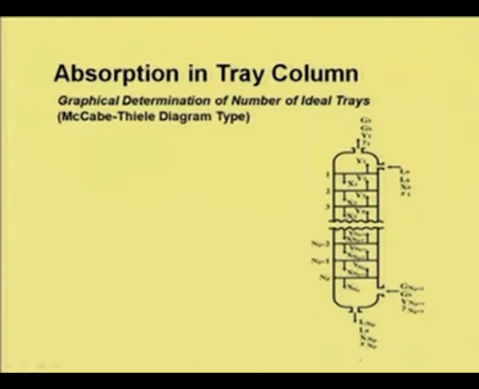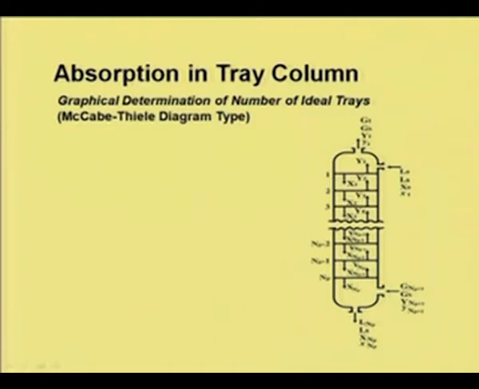This is a plate column for an absorber, where we have used NP number of trays, and the inlet of gas and liquid is shown here. It is countercurrent flow, and the gas coming out at the top of the tower and the liquid coming out at the bottom of the tower are given.